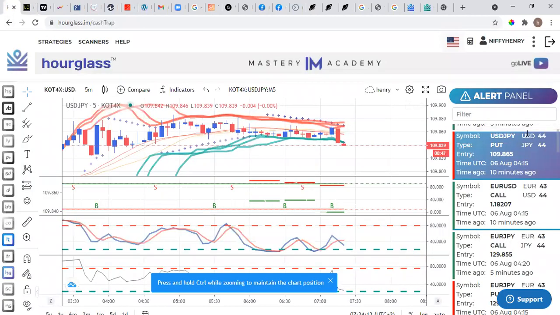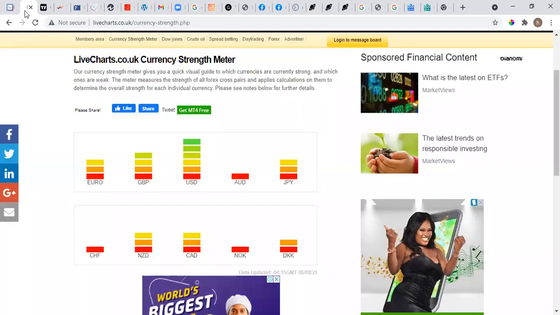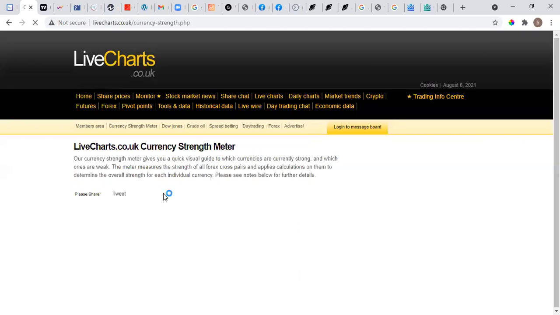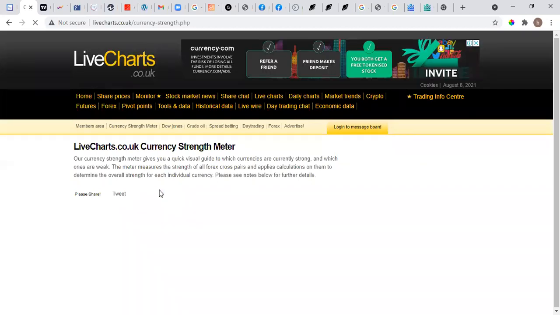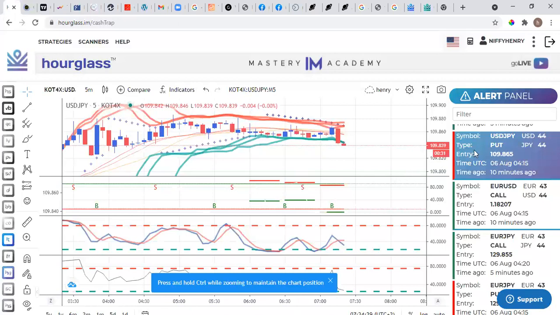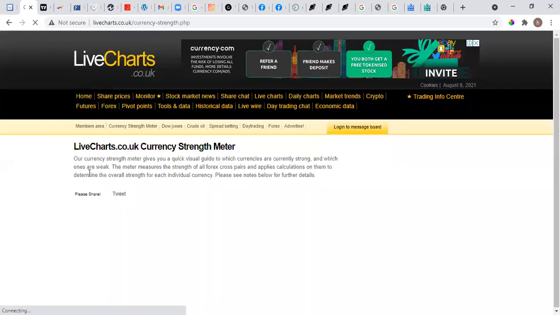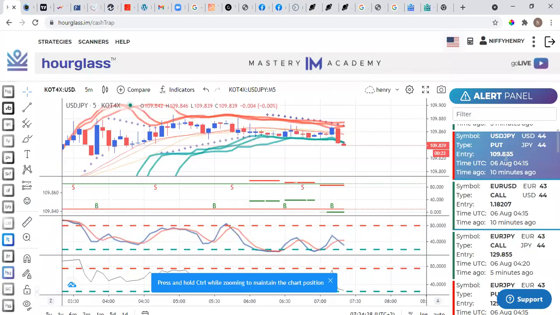Cash Trap also gives you the strength meter, and it's accurate because it's in figures. You can really see precise values with the Cash Trap currency strength meter than live charts. Live chart will just show you bars, but this one will give you figures, so it's more precise.